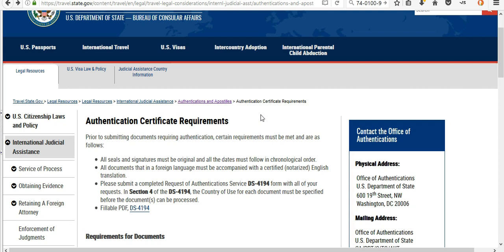And if you notice, as part of the process of authenticating the birth certificate, after you actually obtained your certificate of live birth, you take it down to that Secretary of State, to the Index Department, to execute your first step.